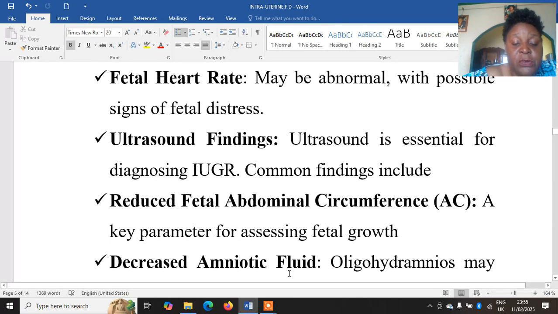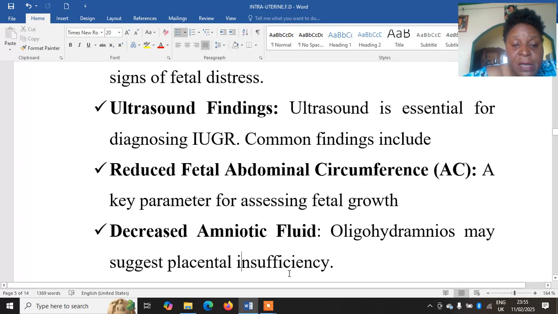And here it will talk of a reduced fetal abdominal circumference, a parameter for assessing fetal growth. For some of you who have looked at some ultrasound results, they will tell you the height of the fetus, the abdominal circumference of the fetus, which are key parameters to measure fetal growth.